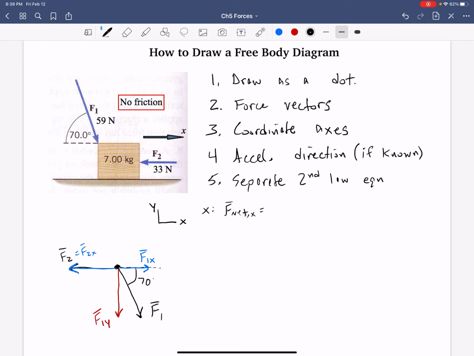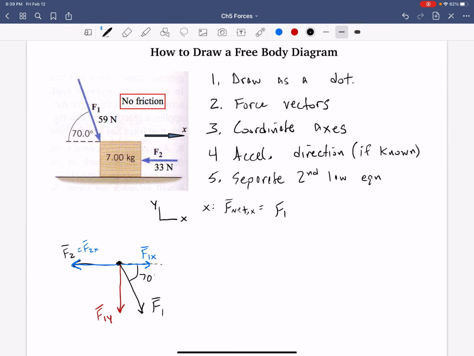But what are the constituent forces that create that acceleration, right? The net force is composed of what? Well, in this case, it's composed of the F1x force and the F2 force. Those are both in the x direction. One is positive, one is negative. So our net force is the sum of those two components.